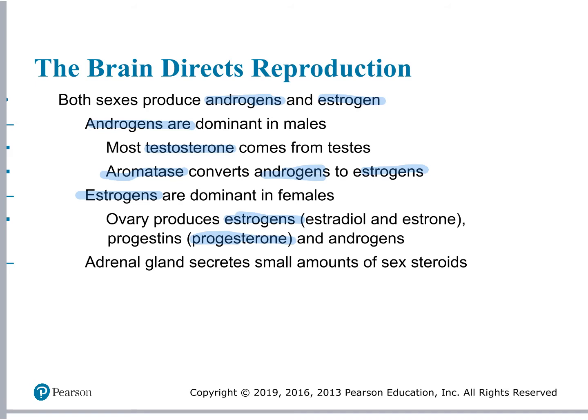And then also the adrenal glands produce some steroids and androgens. So I want to point out that when females reach menopause and the ovaries are no longer producing estrogen, then females are producing more male hormones than female hormones, which is why your body starts to change a little bit after menopause, like growing a beard.